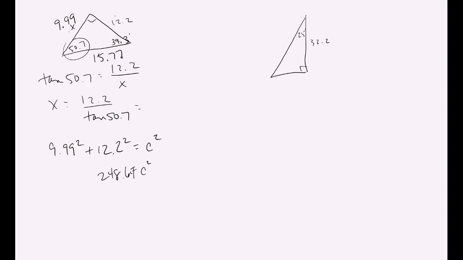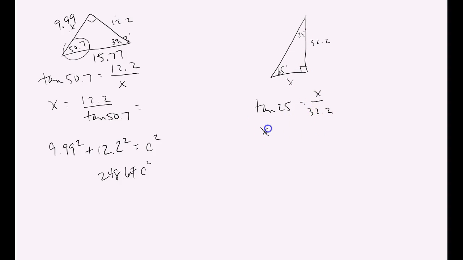Okay? Now I will do the same exact approach over here. Okay? This has got to be 65. Let me do the same thing with tangent. Tangent of 25 would be the opposite over the adjacent.